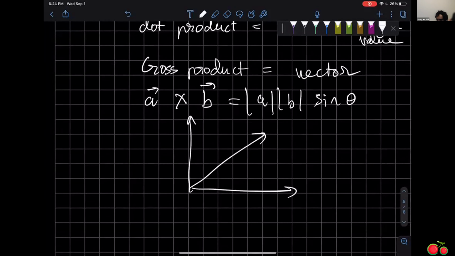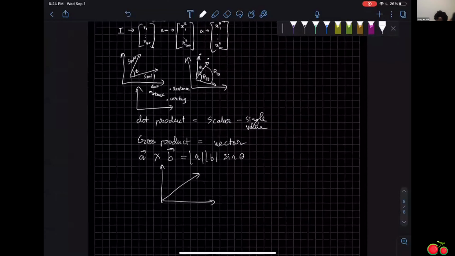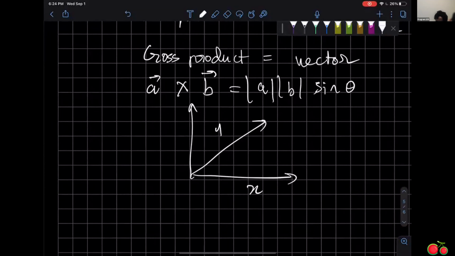You can't really do a cross product in 2D. So suppose I have my x and y here. So this is where colors are super useful. I have a vector like this, and I have a vector like this. The cross product is actually going to give me a vector in the z direction.